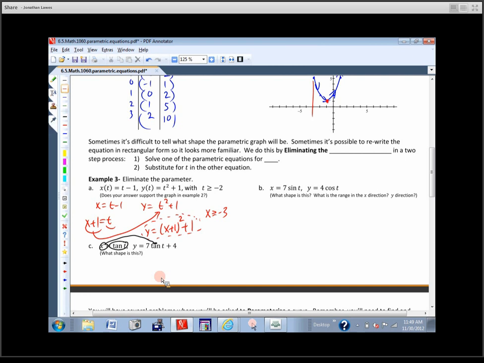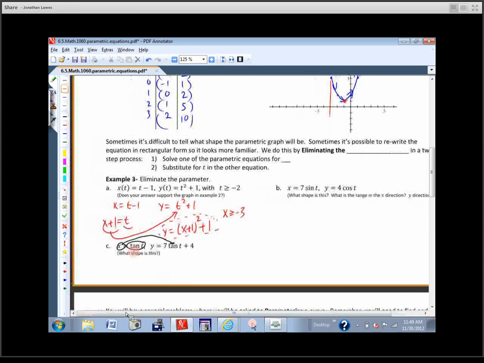7x plus 4, okay? Now, if we stuck with the idea that we usually solve one of the equations for t, I'm going to take this one and I'm going to solve it for t. That means t is equal to tangent inverse of x. Then if I plug this in for t, this is what I get. I get y equals 7 times the tangent of the tangent inverse of x, plus 4.